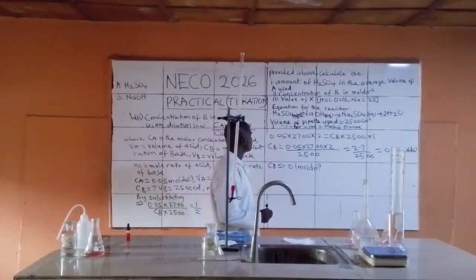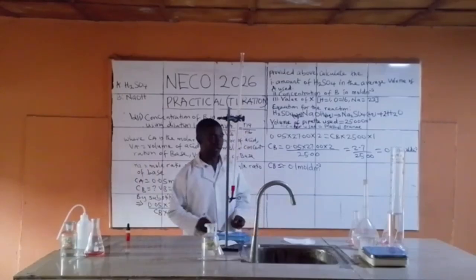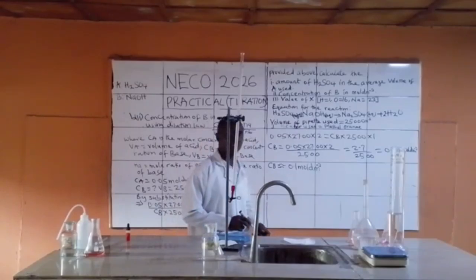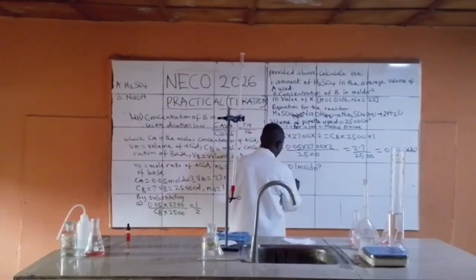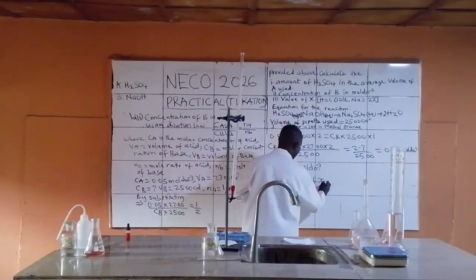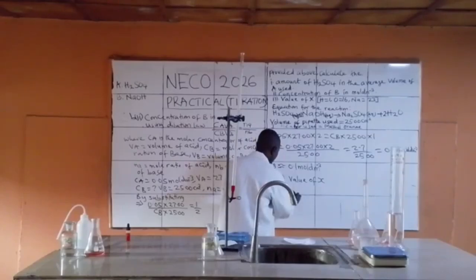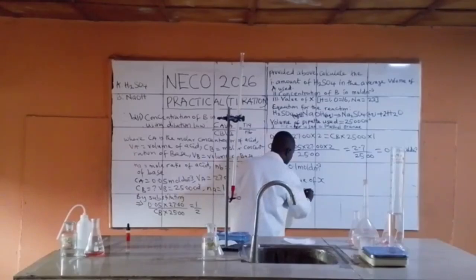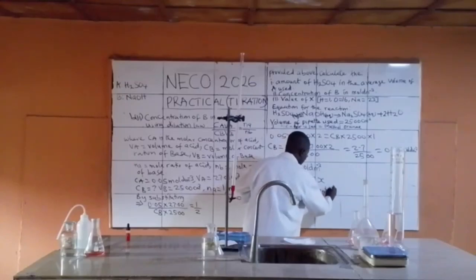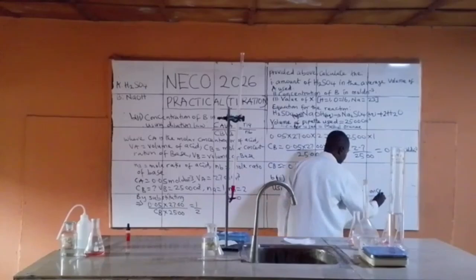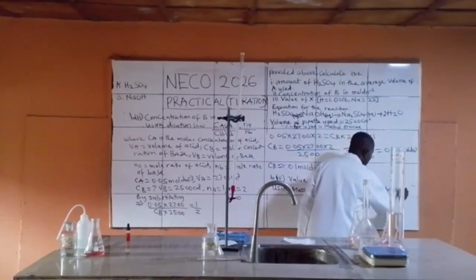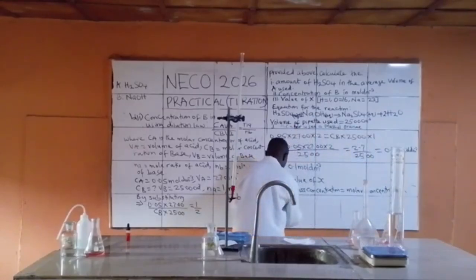Now, in order to calculate B Roman figure 3, which is the value of x, where we have x gram per dm cube. So using mass concentration is equals to molar concentration times molar mass.